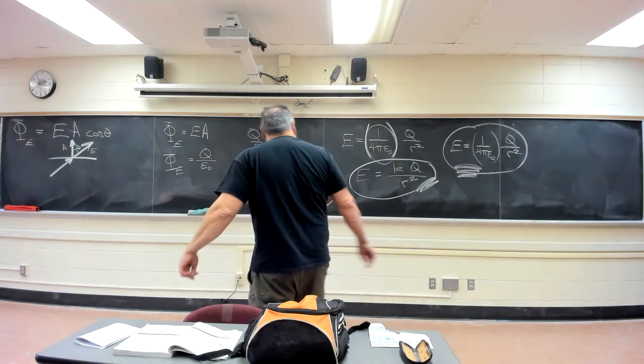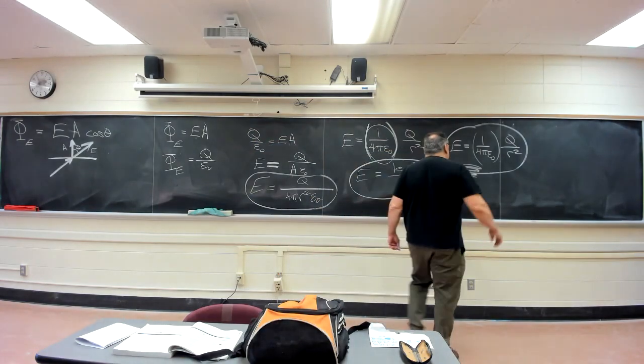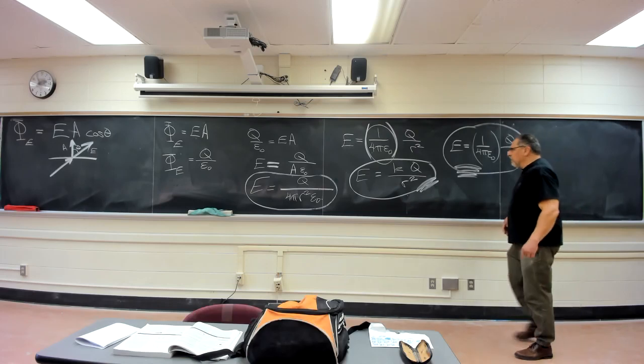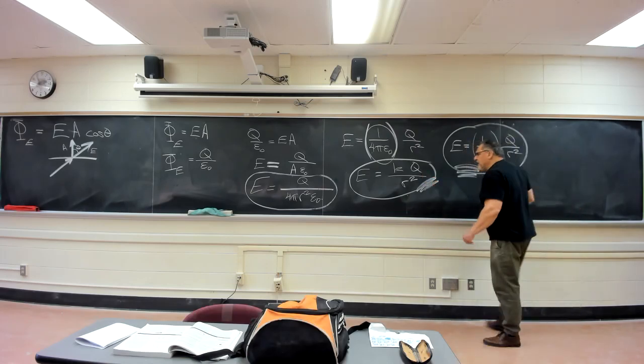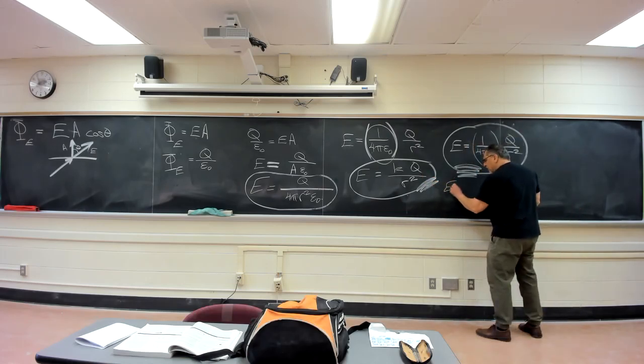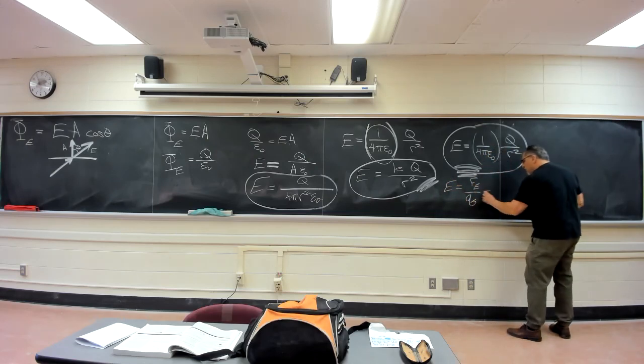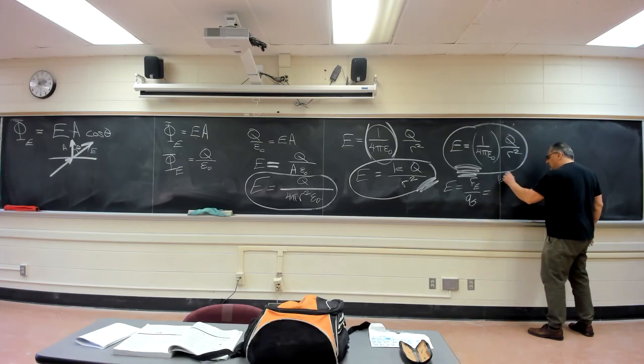Well, heck, guys, that looks a whole lot like what I did earlier. Remember we said it came out to this, when we said that E was equal to electric force divided by Q, that was the Q over R squared, divided by Q here.